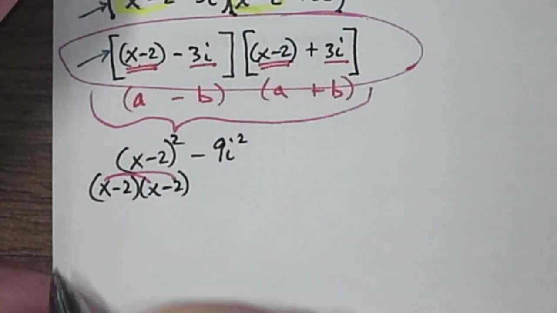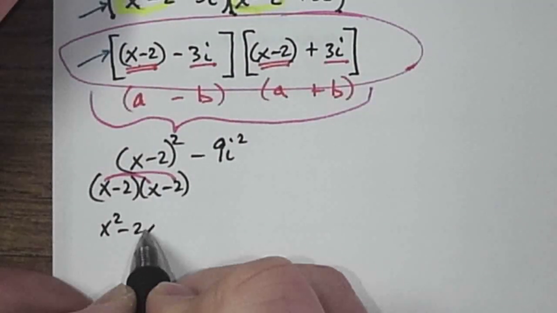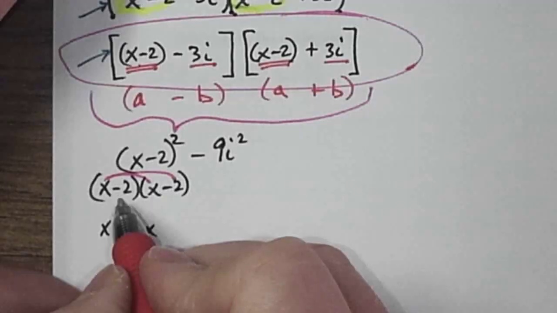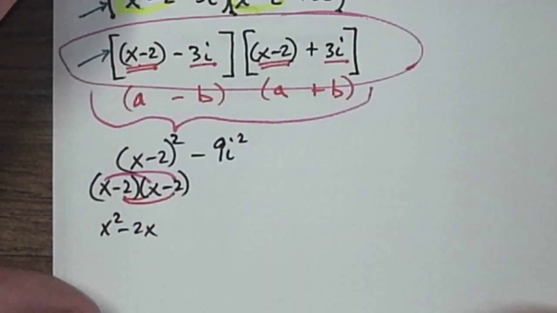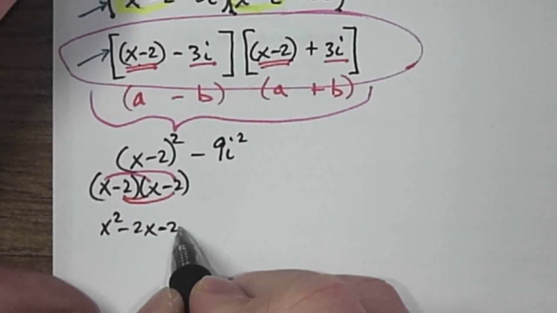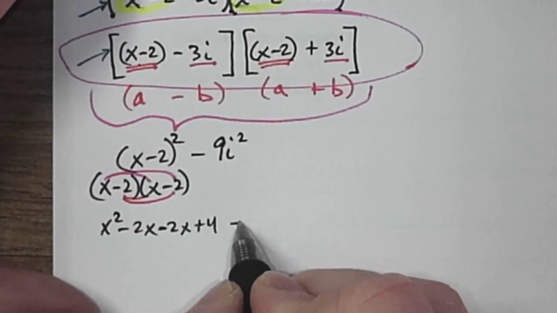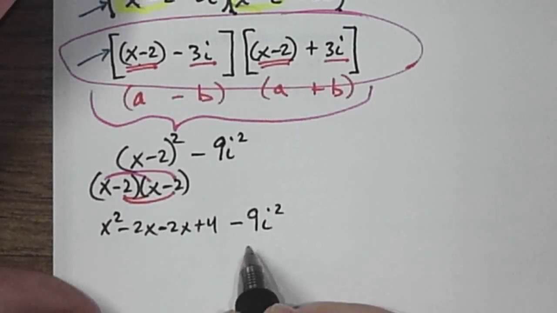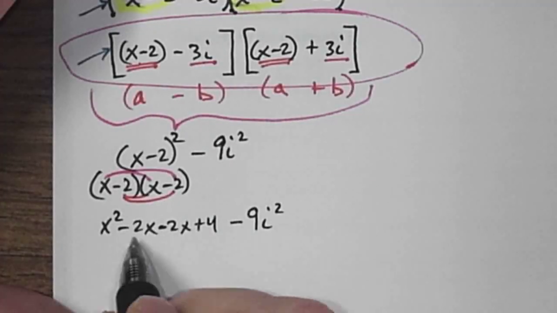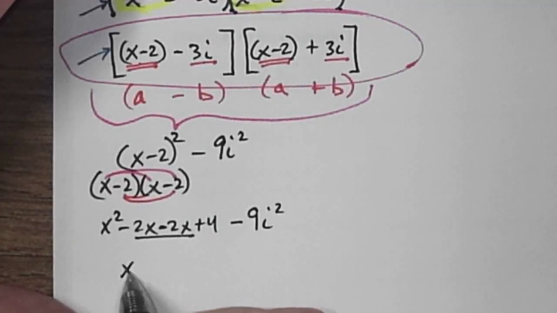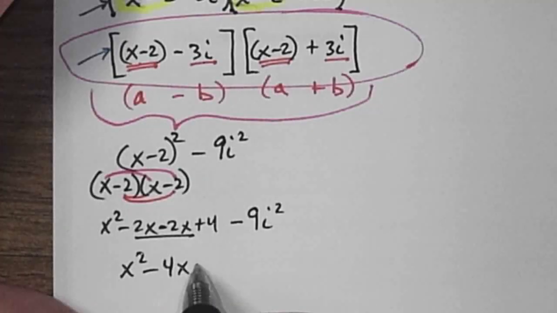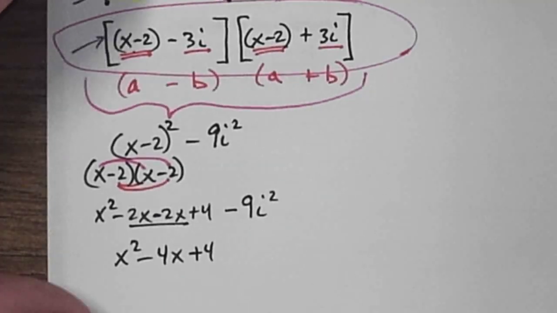X times x, x times negative 2. X squared minus 2x. Negative 2 times x, negative 2 times negative 2. So negative 2x plus 4. Don't forget we have minus 9i squared. We'll take care of the i squared in a second. Combining, that's x squared minus 4x plus 4.